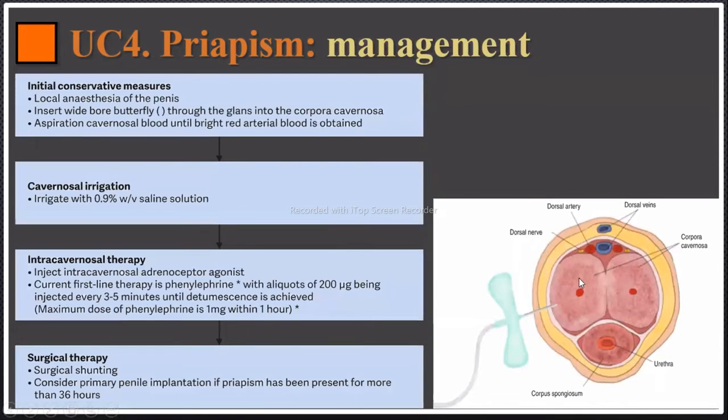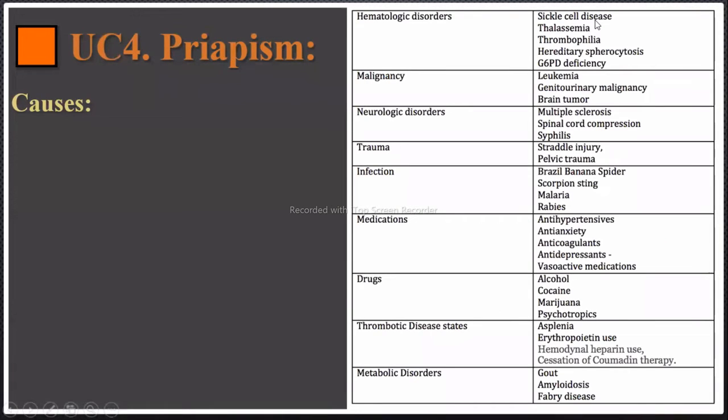Because of stasis, viscosity, bleeding inside the corpora cavernosa, right? Yes, congestion, engorgement. So sickle cell disease, thalassemia, thrombophilia, hereditary spherocytosis, G6PD.